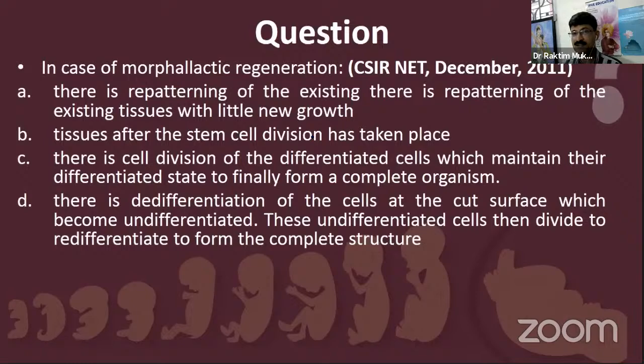There is a cell division of the differentiated cells which maintain their differentiated state to finally form a complete organism. There is a dedifferentiation of the cells at the cut surface due to which they become undifferentiated. These undifferentiated cells then divide to redifferentiate to form the complete structure. What would be your answer?